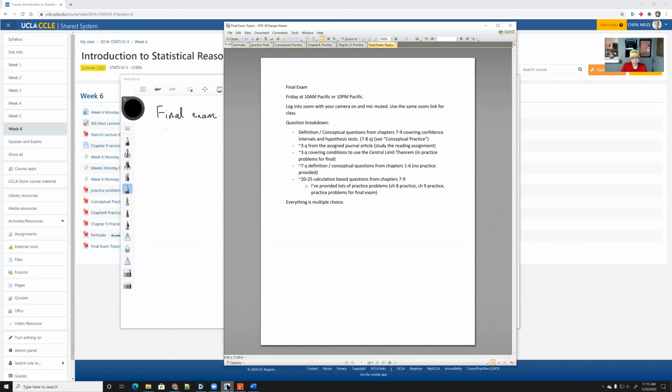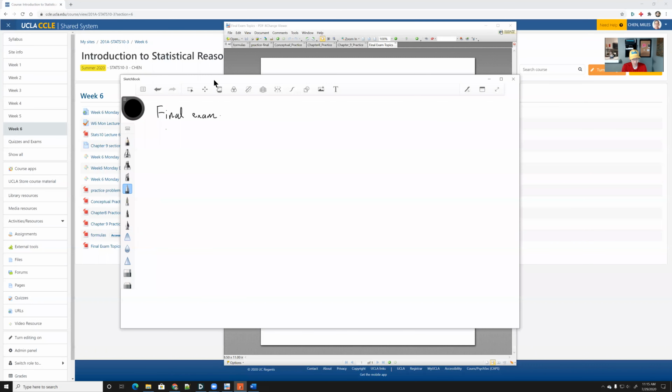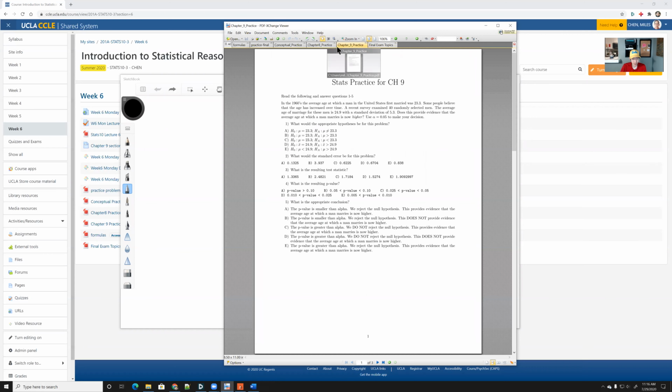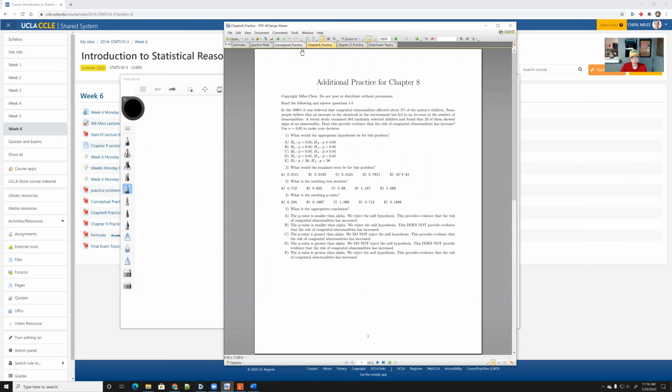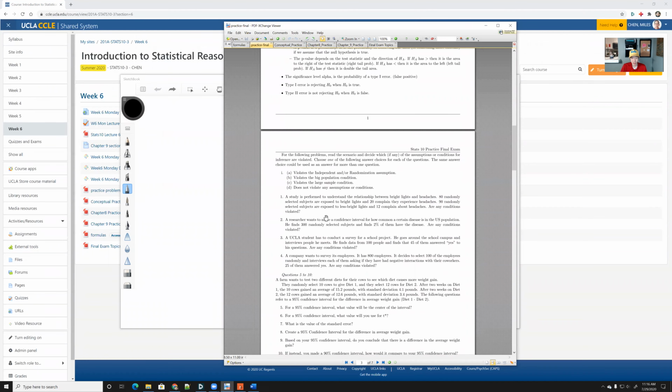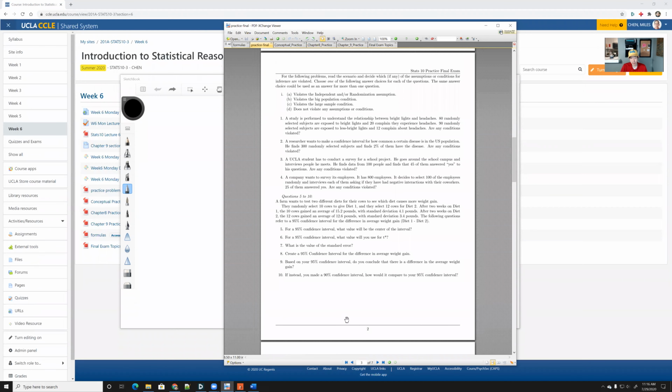Okay, any questions about this? All right, let's take a look. Regarding the calculation-based questions, they will be similar to the setups that I have here.